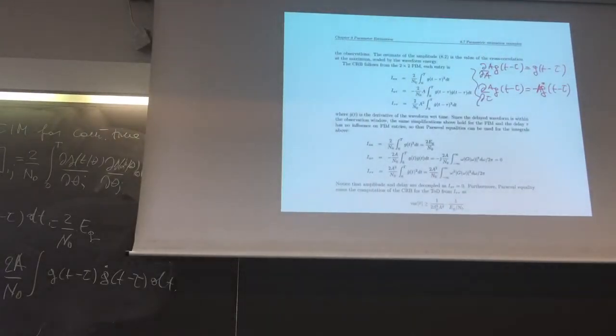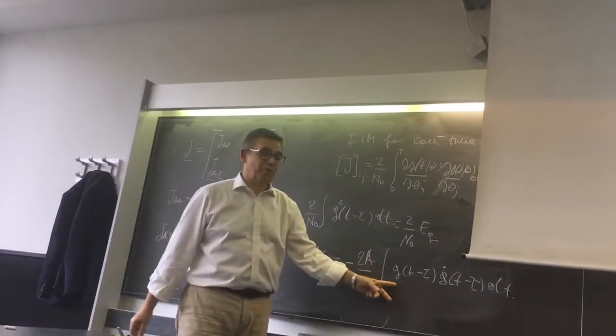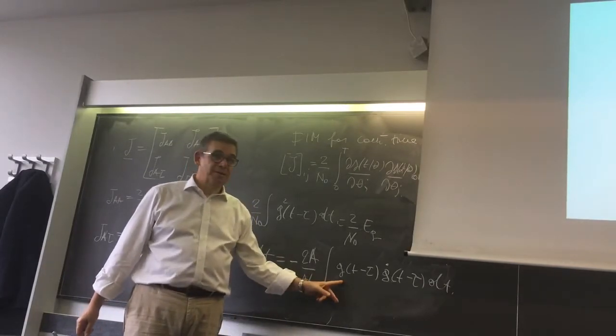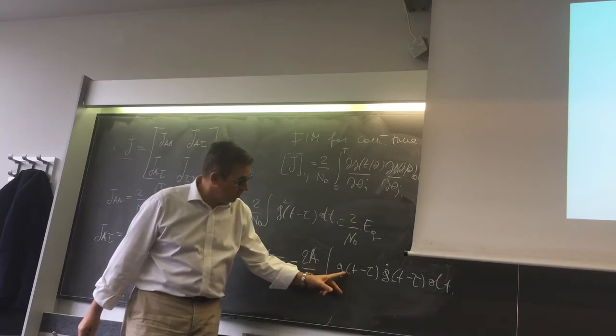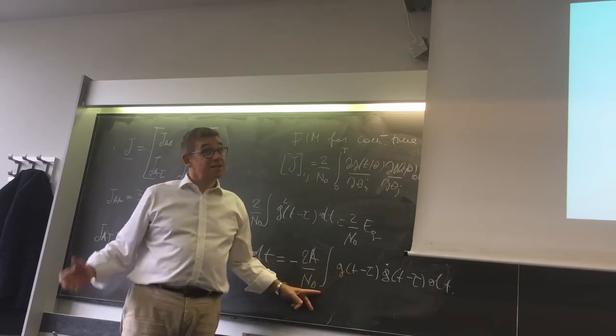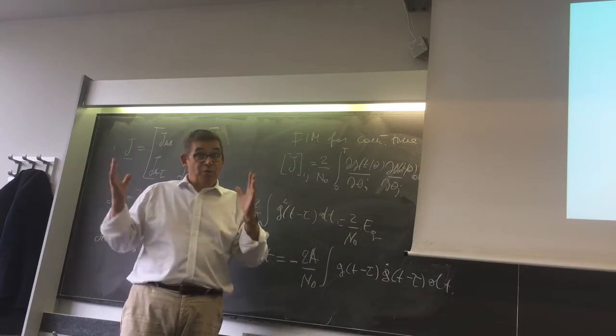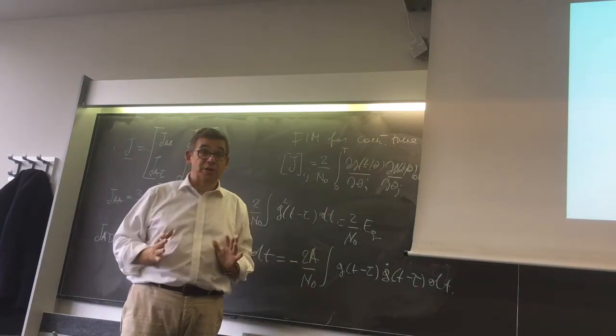Okay. Now, why that one? When I compute it, why is this one 0? First of all, since the interval is larger than the waveform, the waveform is fully contained in the interval.